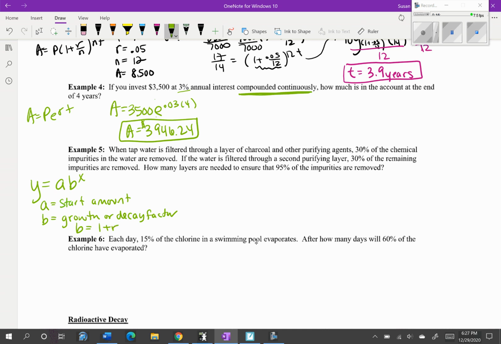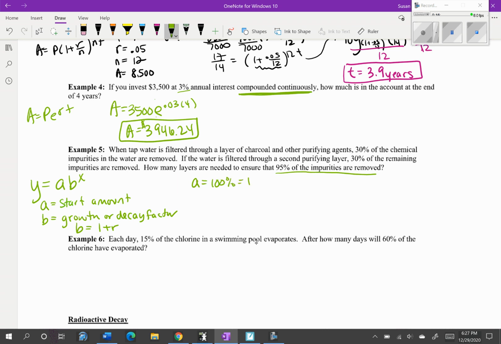So if we want to solve this, then think about what we're trying to get. We're trying to ensure that 95% of the impurities are removed. So what's our starting amount then? Well, we start with 100% of something, right? So 100% or 1.